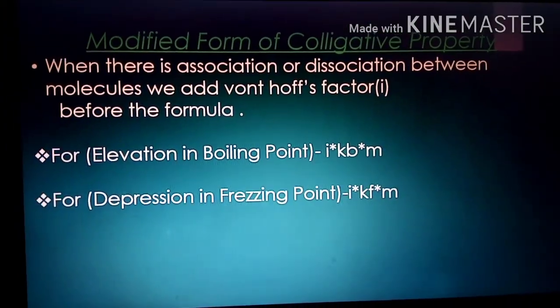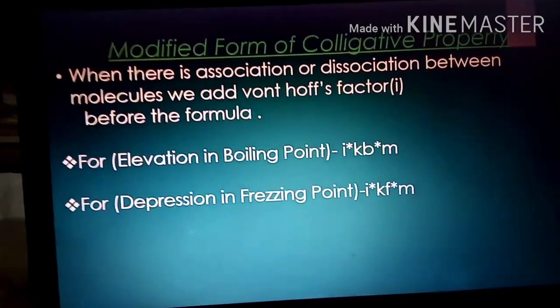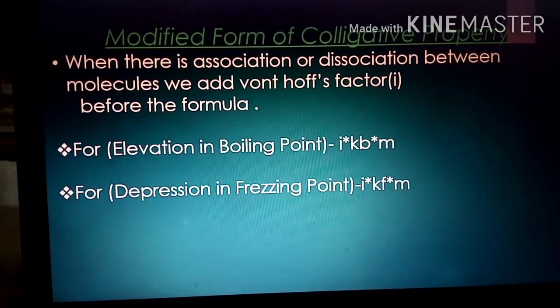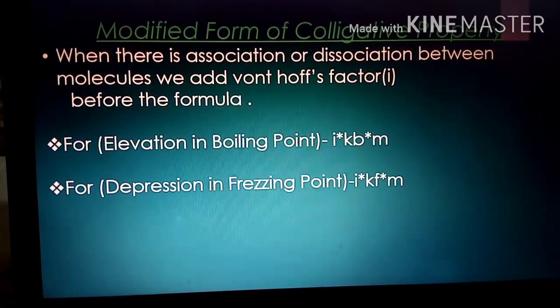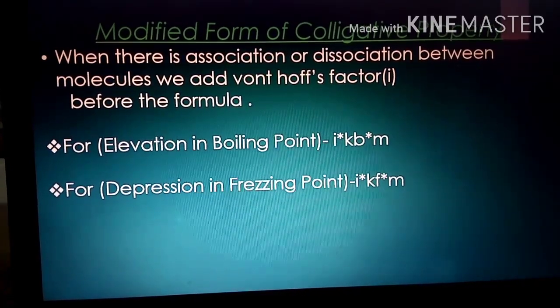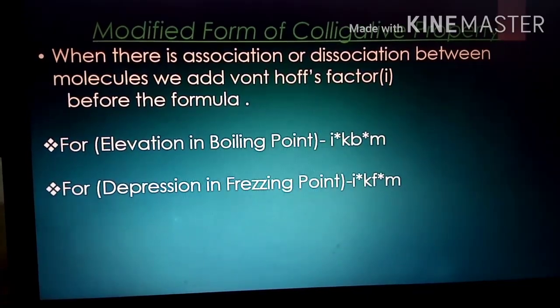Coming to the last topic, that is the modified form of colligative property. What does it mean? When there is association or dissociation between molecules, we add the van't Hoff factor, represented by the symbol small i, before the formula of colligative property.